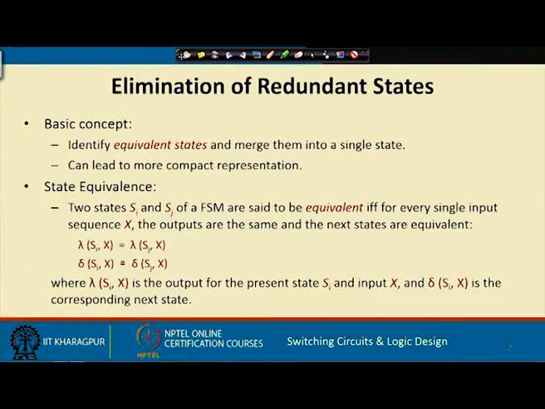It means that we cannot distinguish between these two states, they are basically the same. So, we can merge S i and S j into a single state and make our FSM smaller. Okay. This is the basic idea.